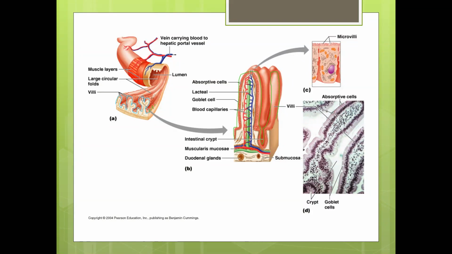And so if it's shag carpeting, then the carpet would be the plicae circularis, and the long shags, the stringy things that come off of the carpet, would be the villi. So the villi are going to be covered, I guess, not lined.